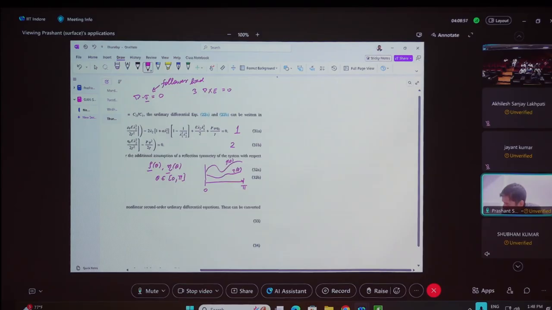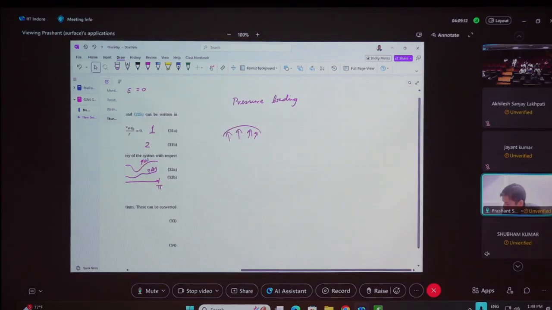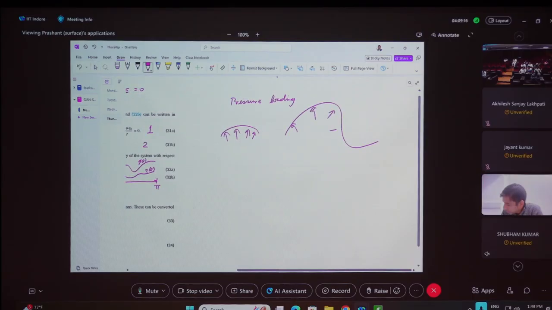What happens is when you have a pressure loading, if you had a membrane which was like this, and then after deformation the membrane achieves a different configuration, then the pressure loading keeps on changing direction with the deformation.